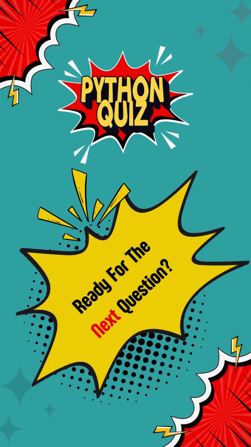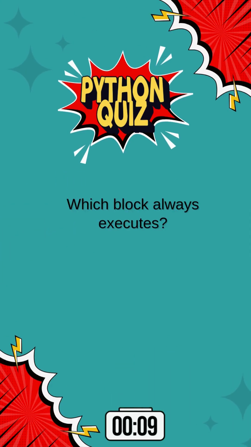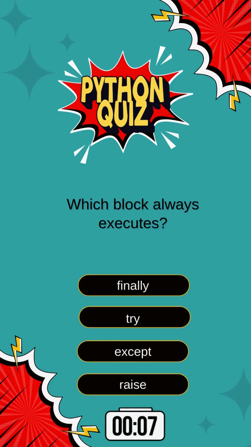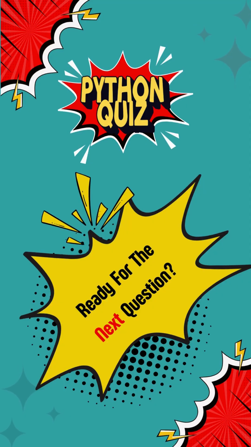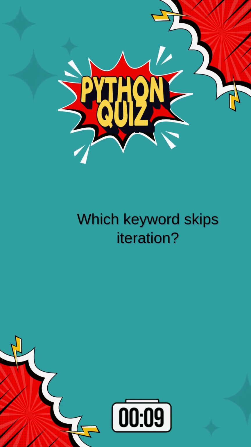Ready for the next question. Which block always executes? Ready for the next question. Which keyword skips iteration?